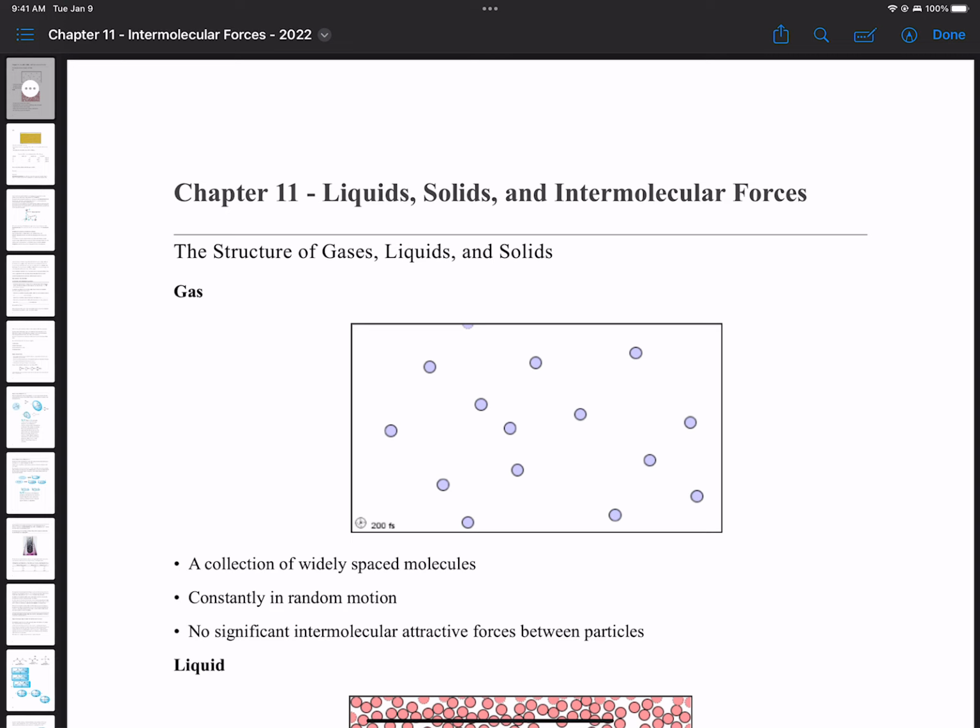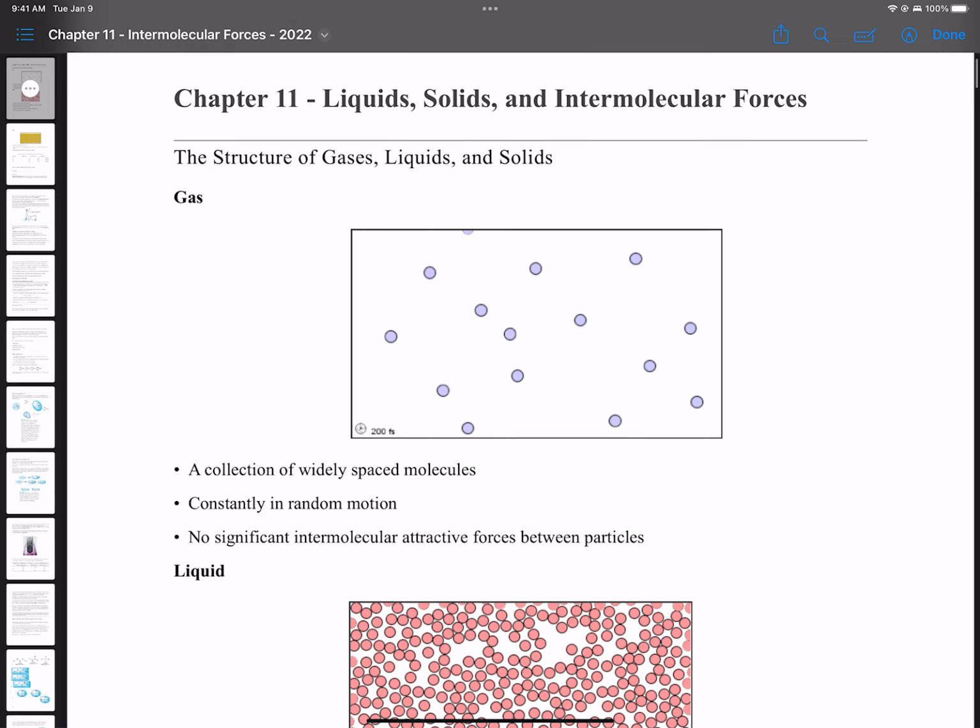Okay. So let's talk about intermolecular forces, but first let's revisit the structure of gases, liquids, and solids. If we take a screenshot of a gas, like in this picture below, we can see that at any given time, the molecules, these little dots here, are widely spaced. If we took a snapshot, they won't be next to each other or congregating.